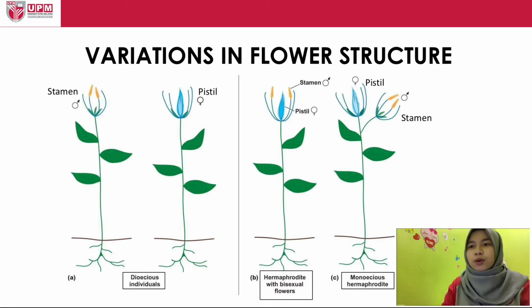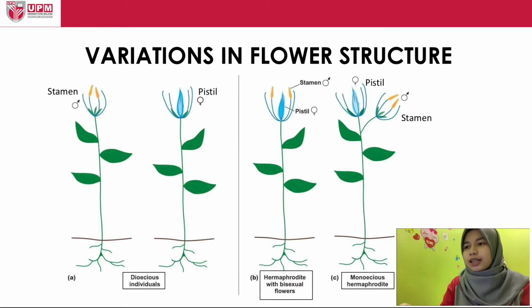For the first part, the dioecious individuals, you can see one plant contains only stamens, or another one has only pistils. So it is called dioecious.